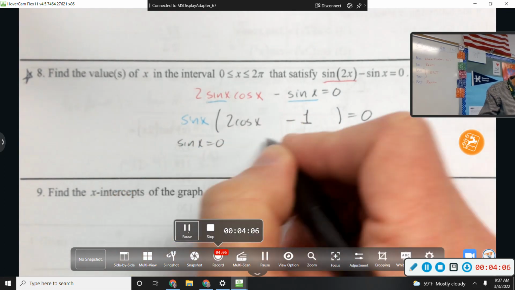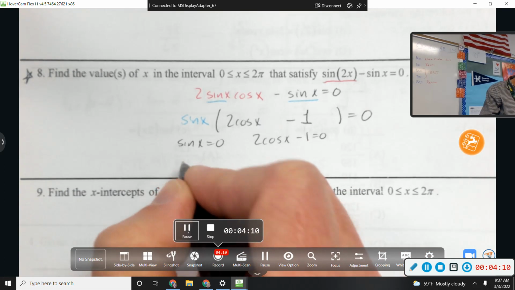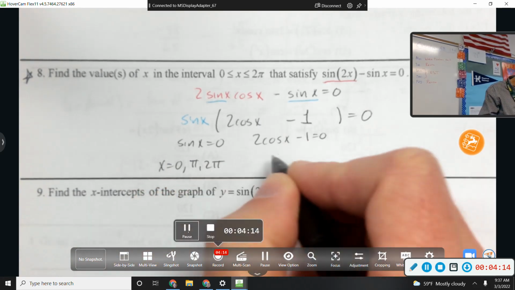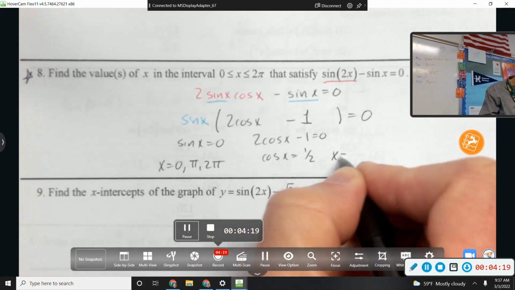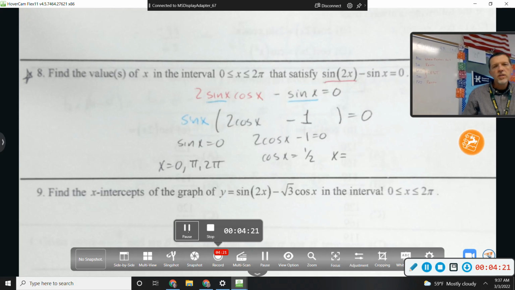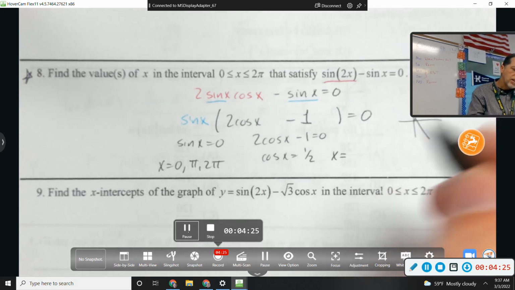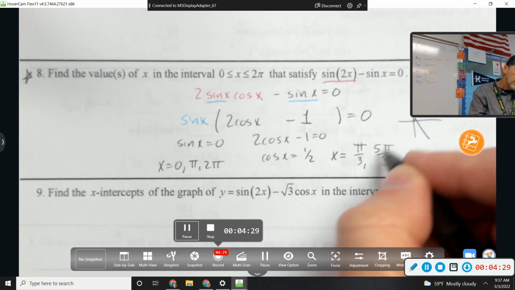Set them both equal to 0. So 0, pi and 2 pi. And then cosine x equals 1/2 at the over 3's. Pi over 3. 5 pi over 3.